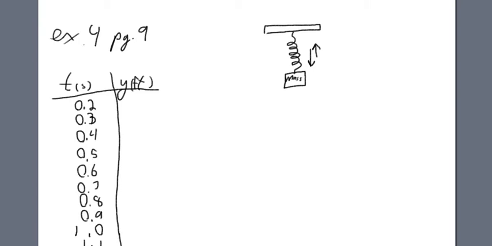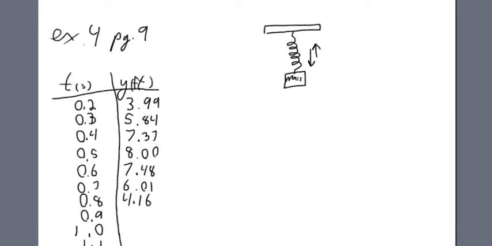Now, our distances we have are 3.99, 5.84, 7.37, 8.00, 7.48, 6.01, 4.16, 2.63, 2.00, and 2.52.